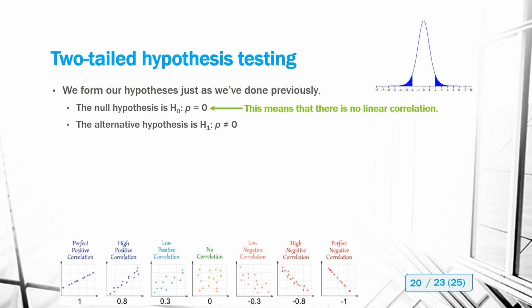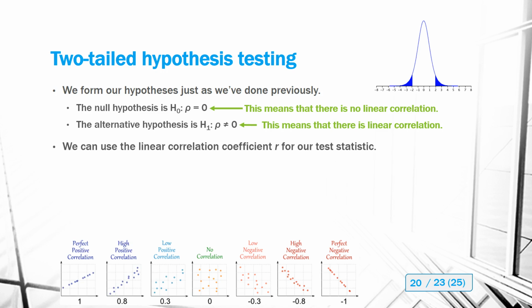If our linear correlation coefficient is 0, that puts us smack dab in the middle of our range to where there's no correlation between our two variables. So that means that our alternative hypothesis is saying that there is a linear correlation. So if it's not 0, it's going to be some number between 0 and 1, or some number between 0 and -1. One tail on the left, one tail on the right. So two-tailed test.